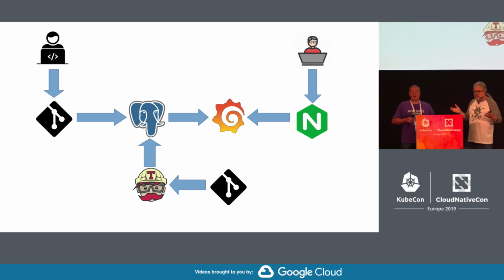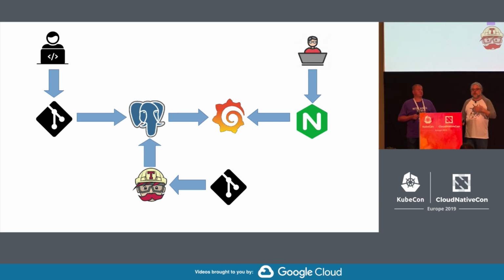So the idea here is, on the left, we have contributions coming into projects via Git and GitHub. We then take a whole bunch of contribution information, we put it into a Postgres database where we massage it into an analytics format.